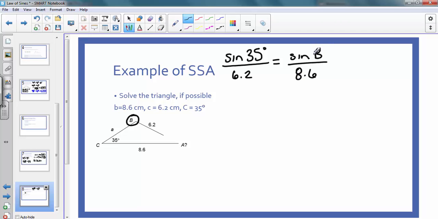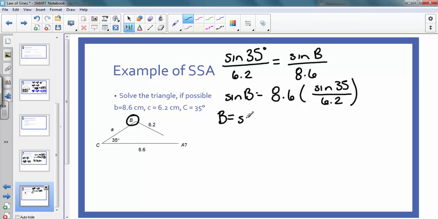Again, I need to solve for that angle B. So I get the sine of B equals 8.6 times the sine of 35 over 6.2. And again, taking the sine inverse of both sides, I get B equals the sine inverse of 8.6 times the sine of 35 degrees over 6.2.